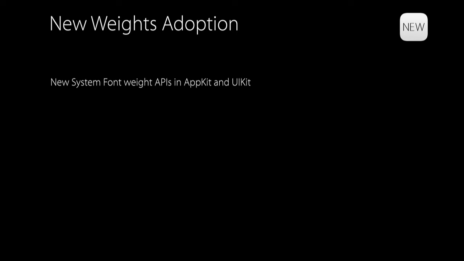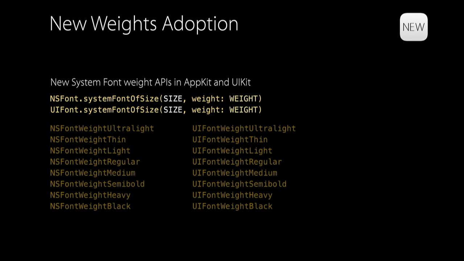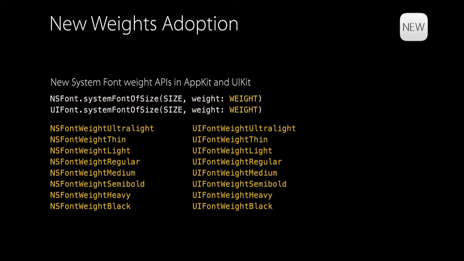Previously, it was hard to get to them, or the ones that were there previously. And now, we're giving you new APIs to actually get to all the range of weights in system font. They are in both UIKit and AppKit, and there is a new parameter added to the system font of size API call. And these are the arguments that are taken.